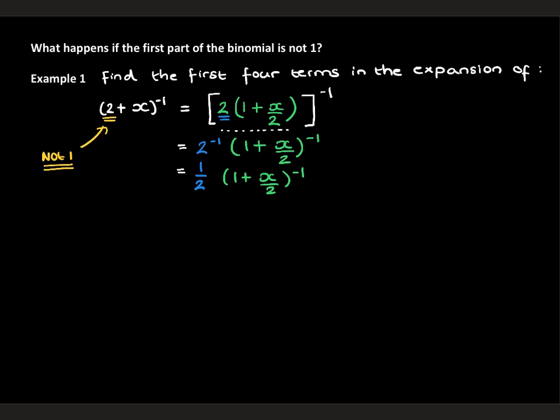And notice we now have 1 where we want it to be inside our binomial. And the other part of the binomial, which is here, well, this can be anything.